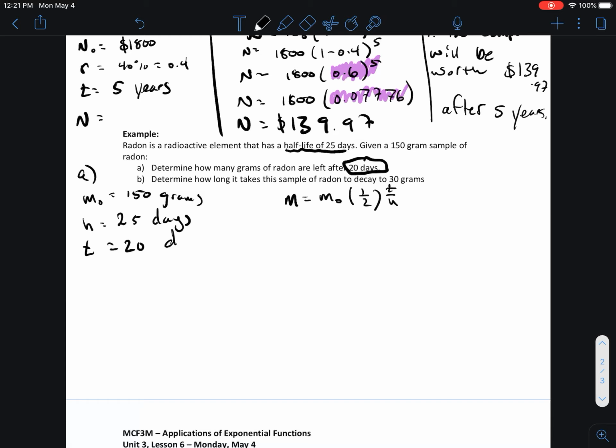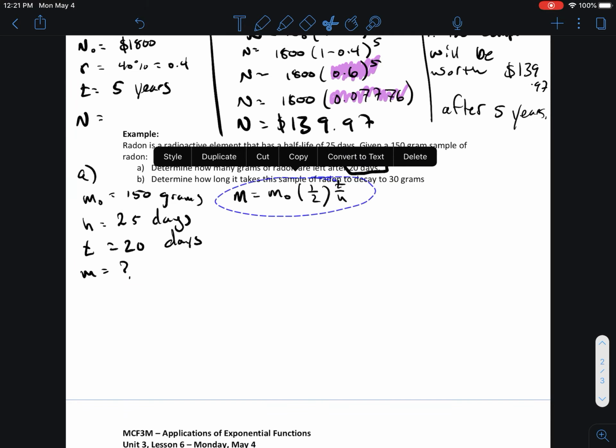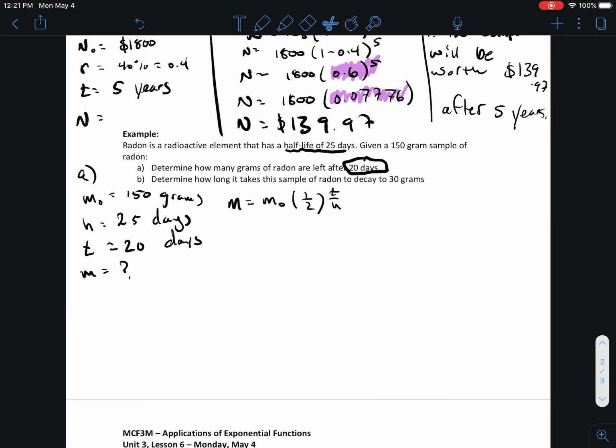Now, part A is specifically asking about how much is left after 20 days. So that's going to be your T value. T is going to be 20 days. And so we just plug stuff in, and I want to know what the mass is. I don't know yet. So I'll move this over, save myself some space.